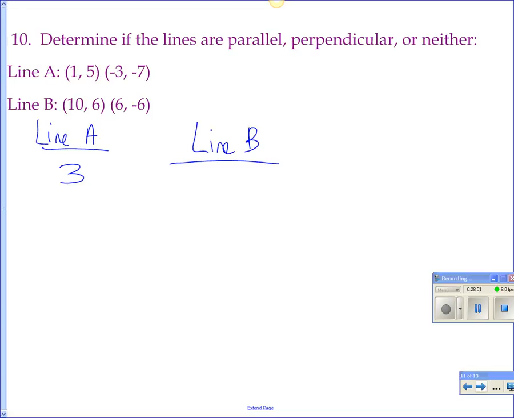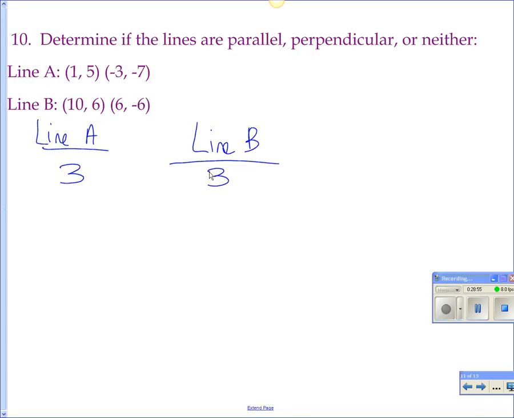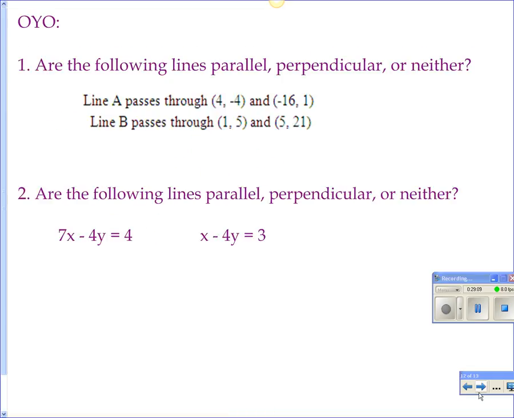Have you done it yet? Nope. Okay, 3. Okay, Joey, if this one's 3 and that one's 3. Very good. They are parallel. Or you can put that symbol. Okay? Very good. Okay, here's your OYO.